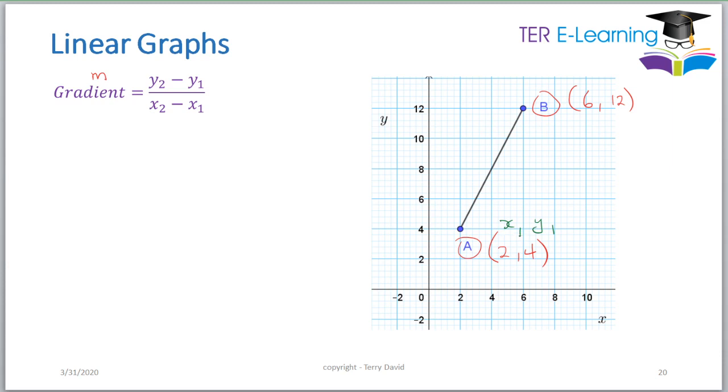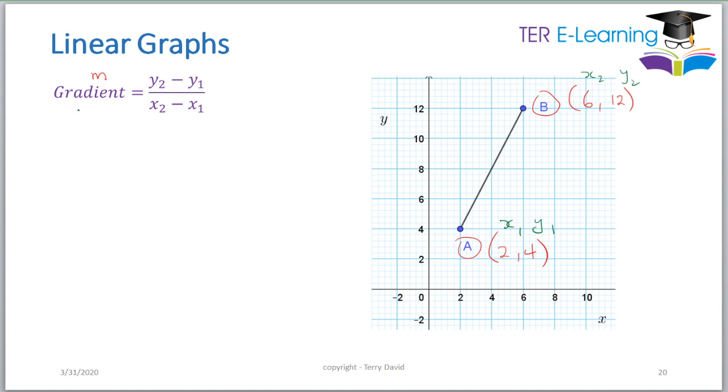You need to label it. The point B, we're going to label as x2, y2, because each of the points A and B has an x coordinate and a y coordinate. Because I've labeled them, I know what is x1, x2, y1, and y2.